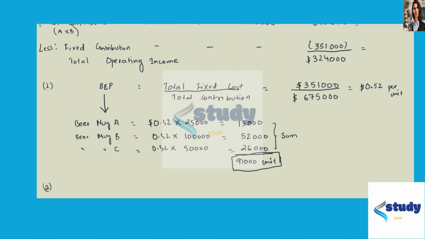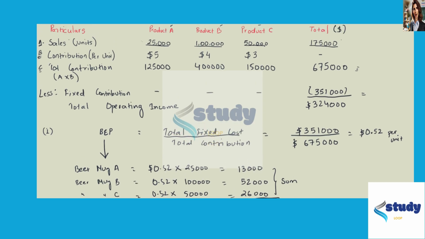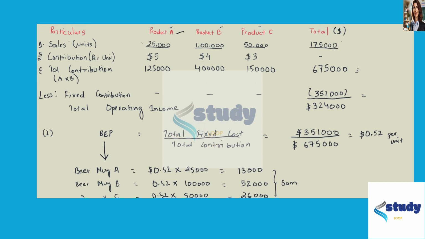If we maintain this sales mix of product A, B and C, then we are going to have 675,000 as our contribution. And if we subtract fixed cost from this, then we are going to have our operating income. So this is the second part of our answer.